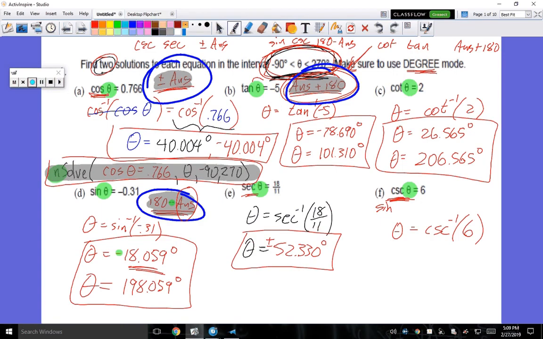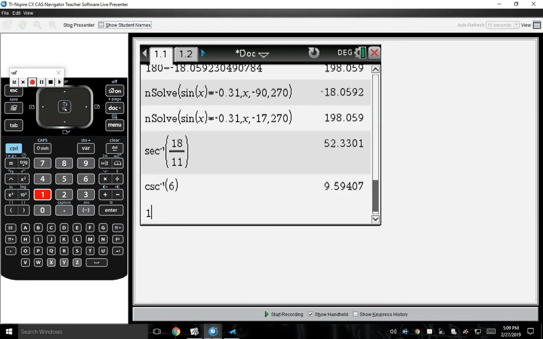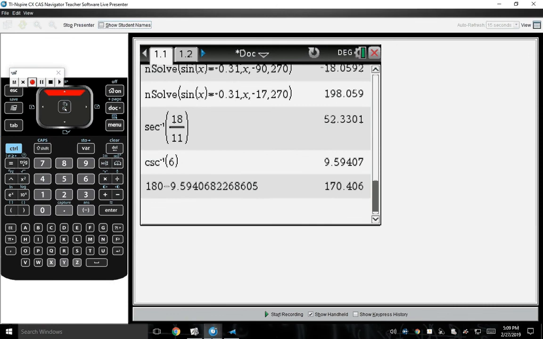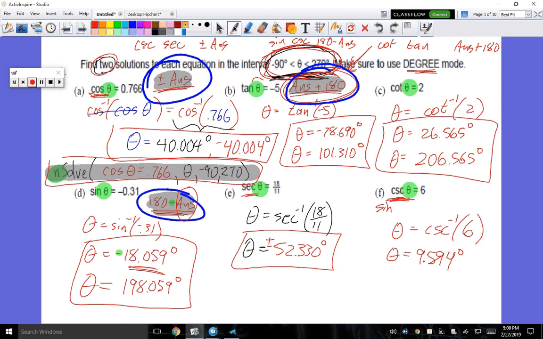So theta is equal to 9.594 degrees. And the other answer is going to be, well, subtract that answer from 180. So we'll say 180 minus whatever you get from that other one. And this is our other answer for part F. It'll be 170.406 degrees. And those are going to be the answers.